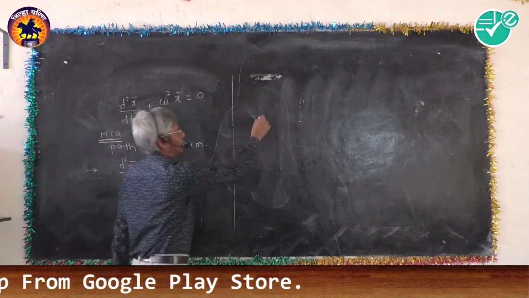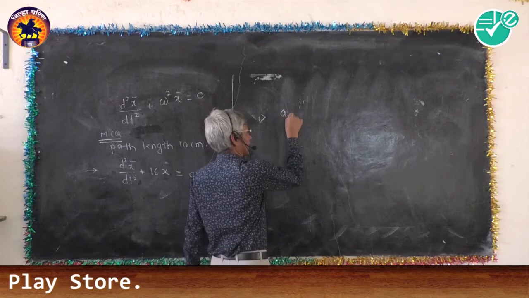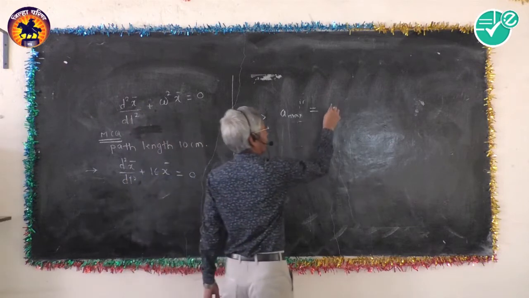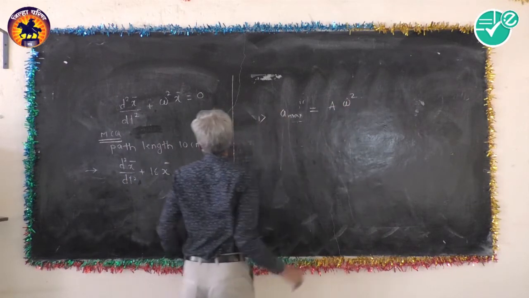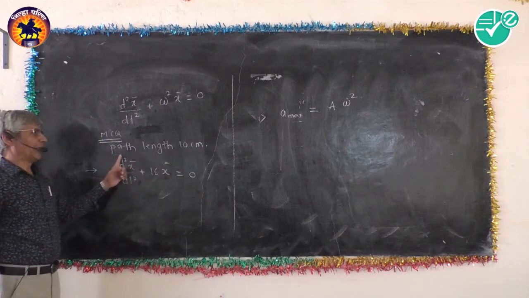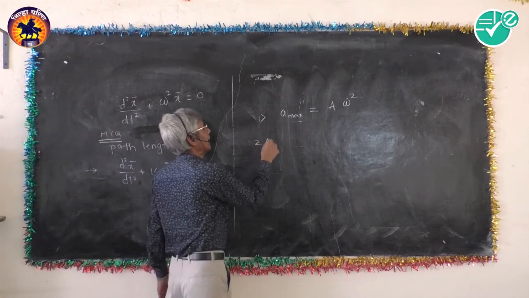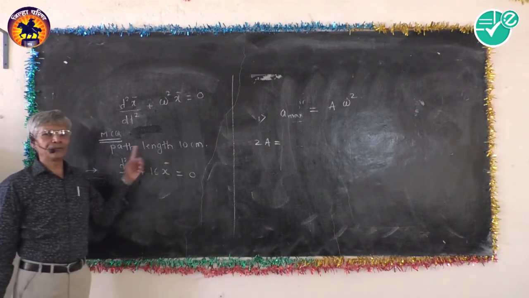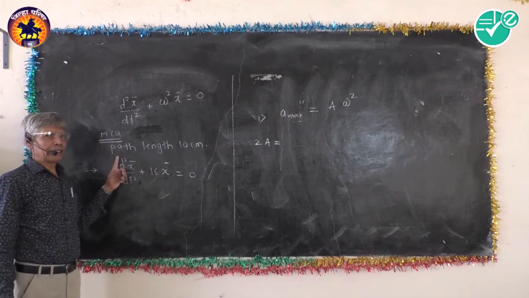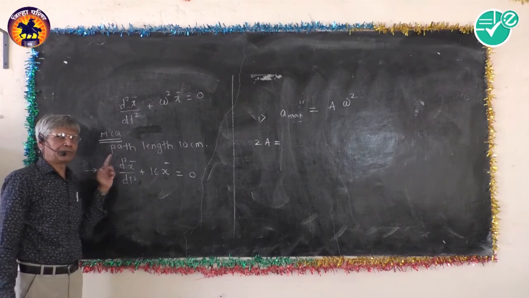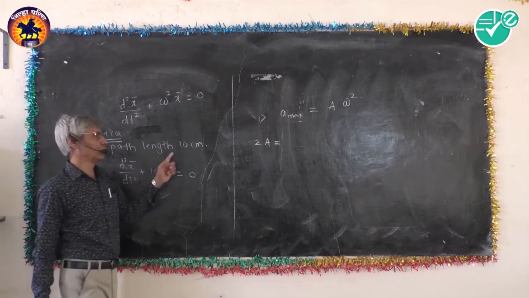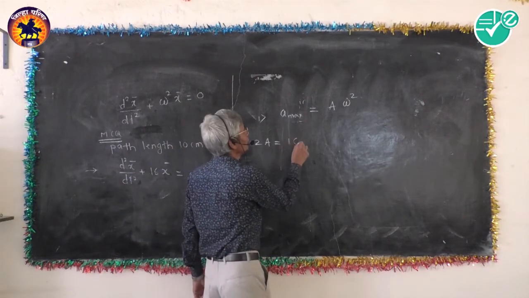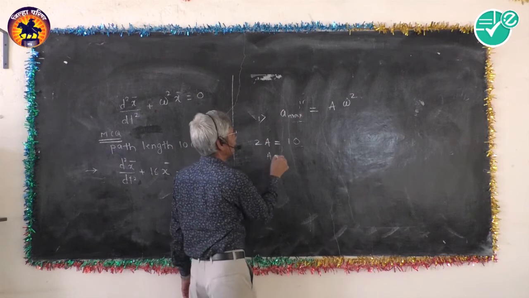For example, first we can find the maximum acceleration, which is equal to A omega square. In the given example, the path length is given. Path length is the distance between the two extreme positions of the path on which the particle is performing SHM, and numerically it is equal to 2 times the amplitude. So we have 2 times A is equal to 10, so A will be equal to 5 centimeter.